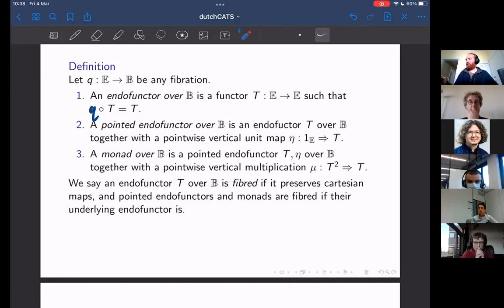If it does preserve Cartesian maps, I say it's fibered, but it doesn't have to in general. Similarly, we can also define pointed endofunctors, which have a unit natural transformation, or monads over B, which have a unit and a multiplication.